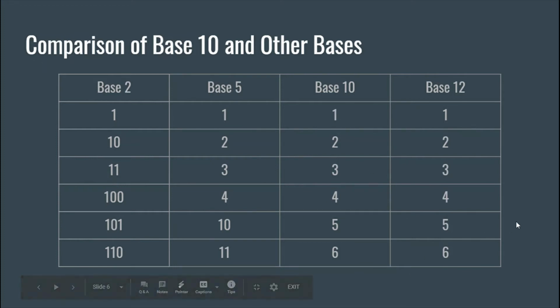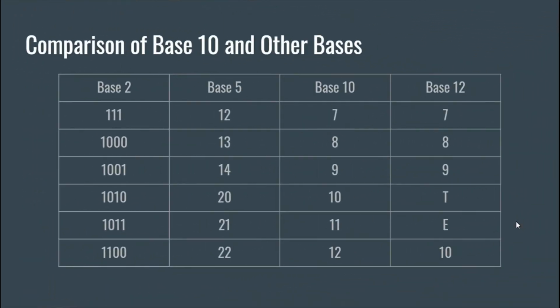On the next slide, I also have it going up to 12. Base 12 is where it gets really confusing, because you have to keep in mind that you can only use single values for each number. So when we get up to 10 in base 12, we can't put 10 because that looks like a 1, 0, and you don't use a 1, 0 until you get to your base.